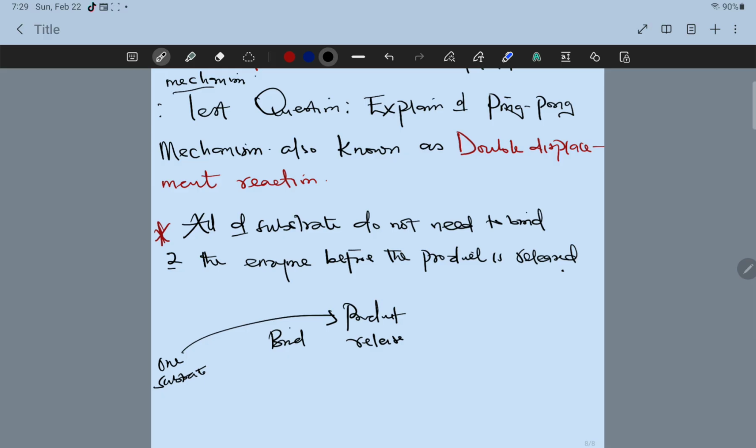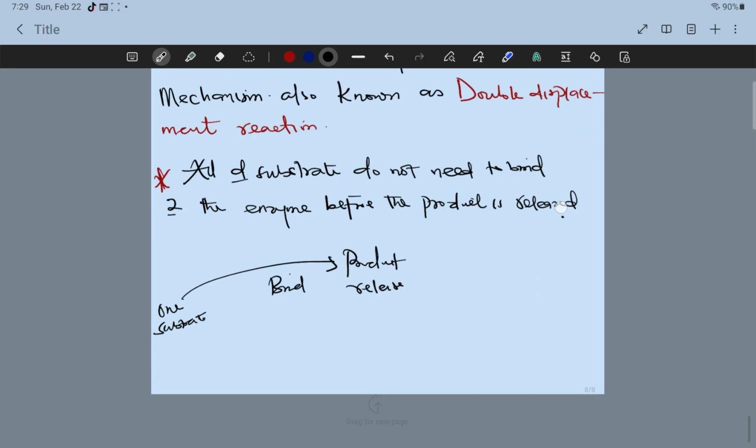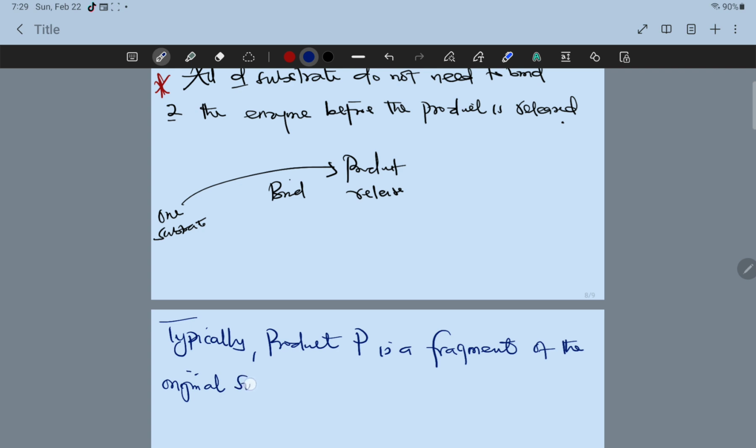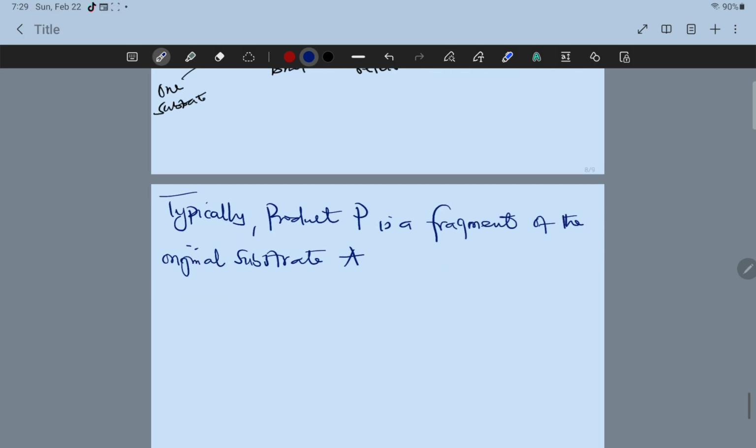Typically, the product P is a fragment of the original substrate A. So an example of the ping-pong bye-bye mechanism.